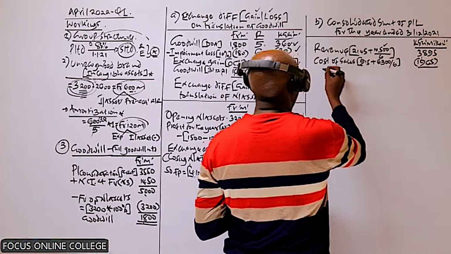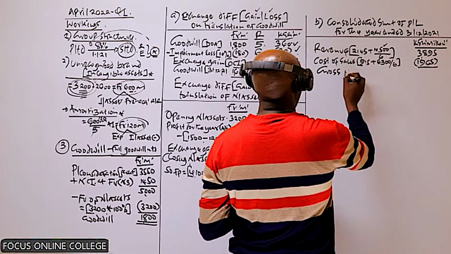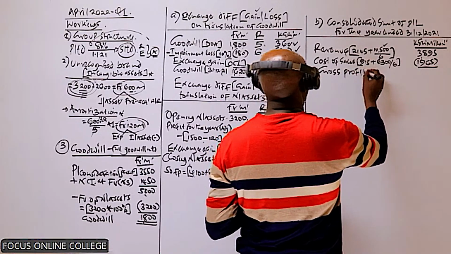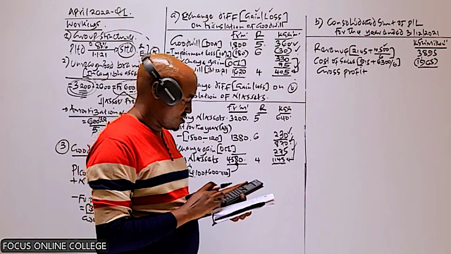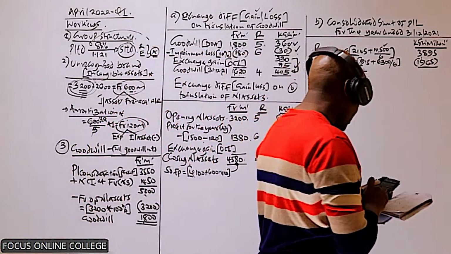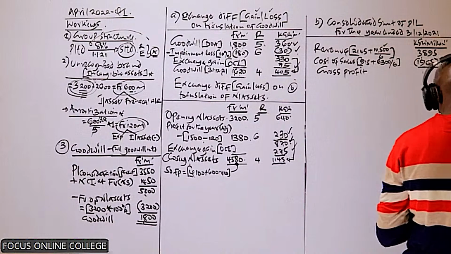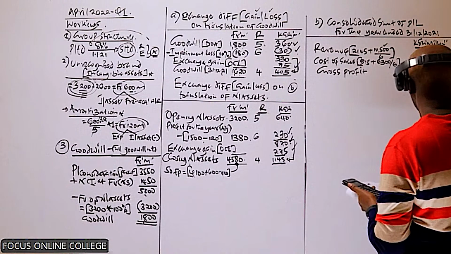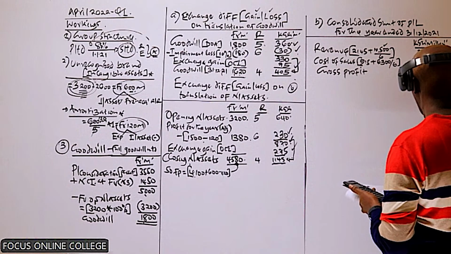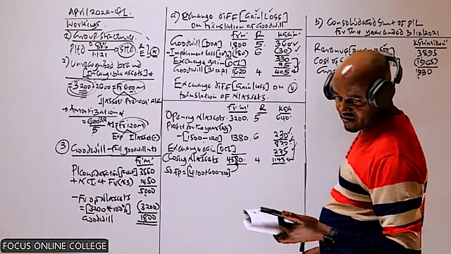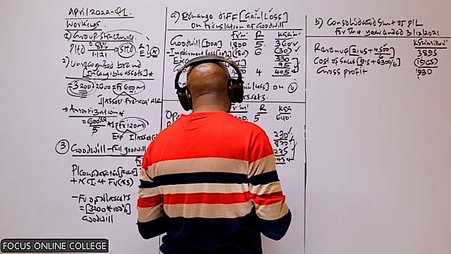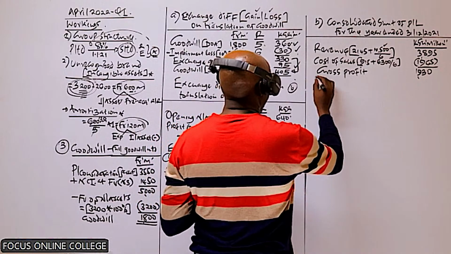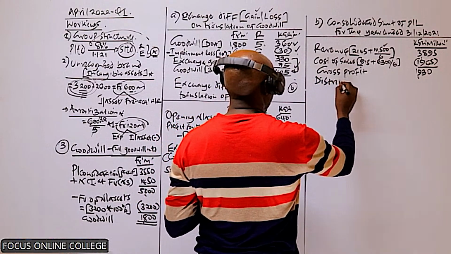So we less that from the revenue, we get the gross profit. The gross profit would be how much? The gross profit, I'm getting, yes, I'm getting 1390.